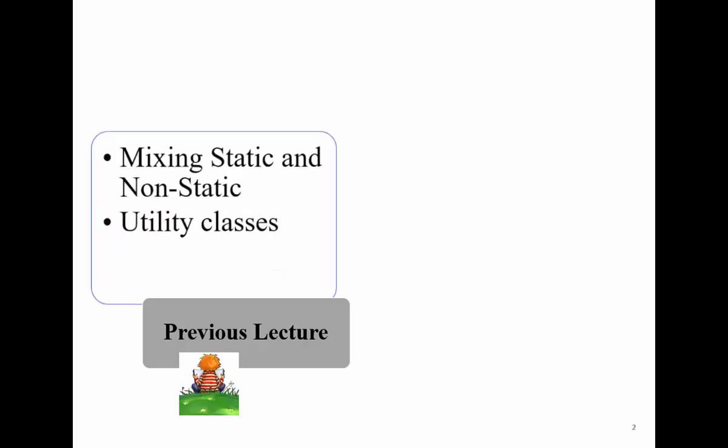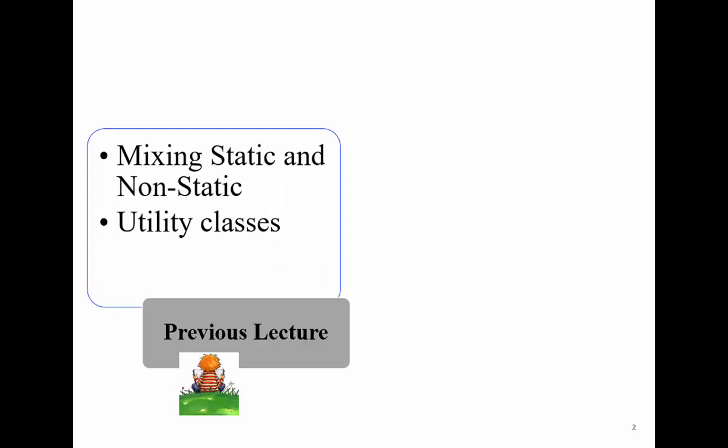So as usual, we review the topic we covered in the previous lecture. In the previous lecture we discussed mixing static and non-static fields inside the class, and we mentioned that normally the class you are going to create contains a mix.